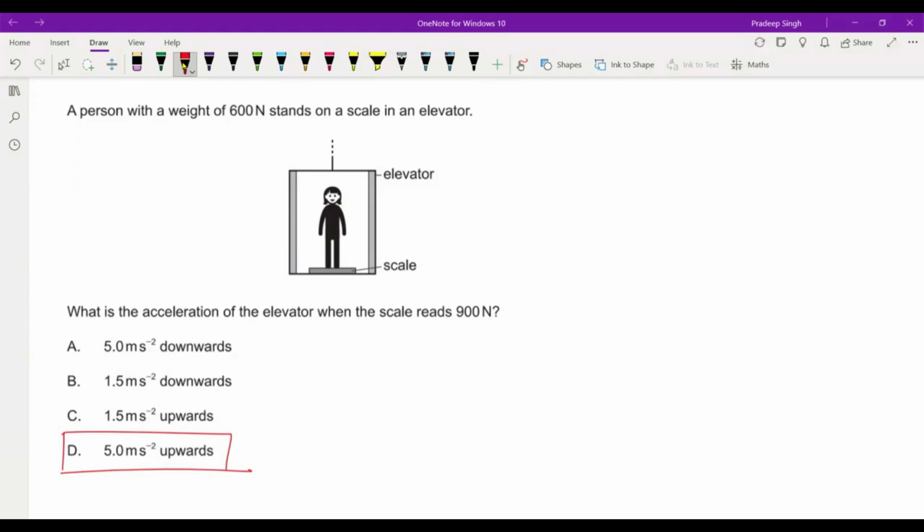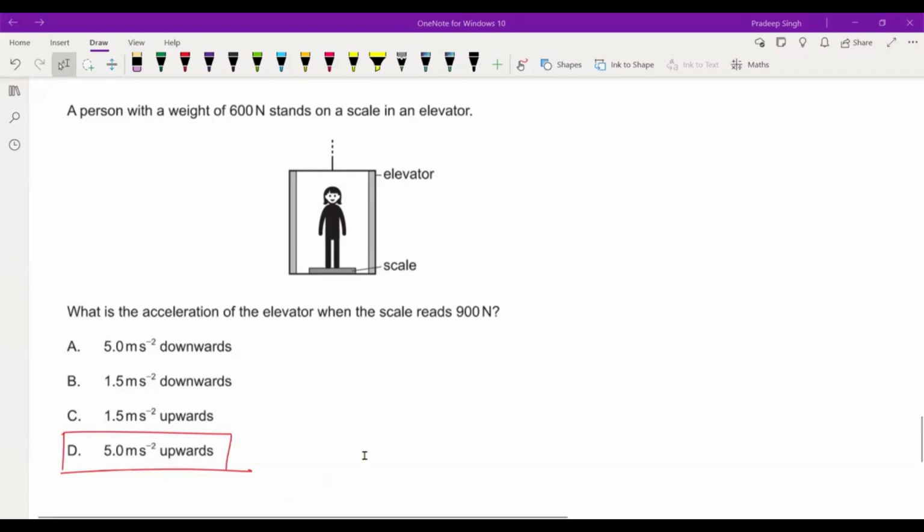I took the weight of the person as 60. Mass, not the weight? Mass, yes, sorry, mass. And then if you divide that, you get a as 5. Correct. And then because we subtracted for the resultant force, that's why the acceleration would have to be upwards. Good. That's the right logic.